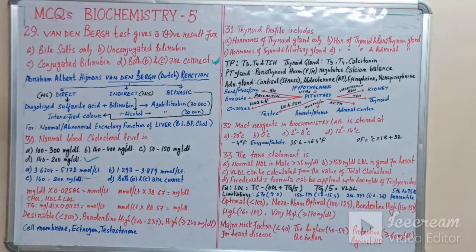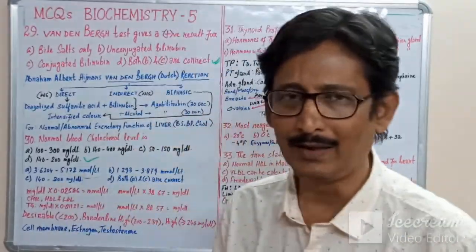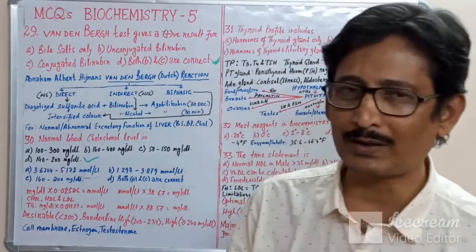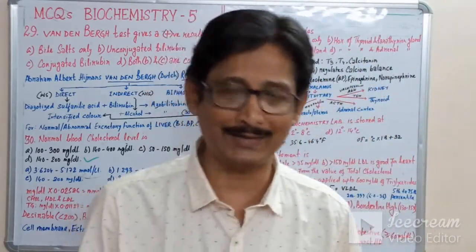Now, when you have to convert, you should have a general idea about converting milligram to millimole per liter in the case of cholesterol. There are many apps available, so people do not want to understand or learn these things.